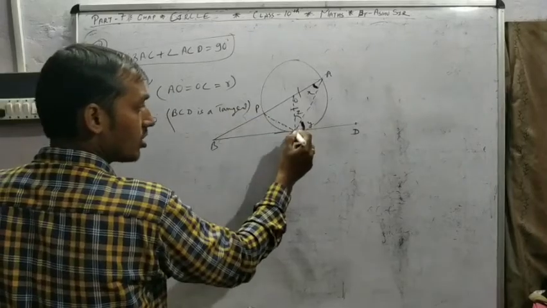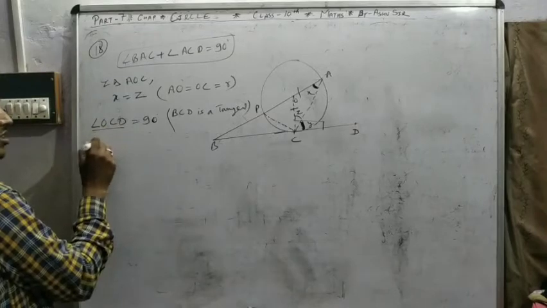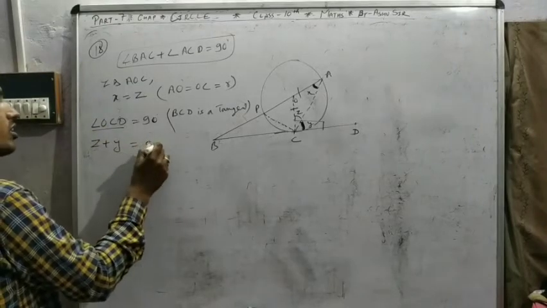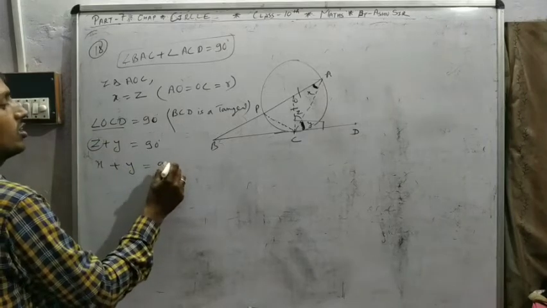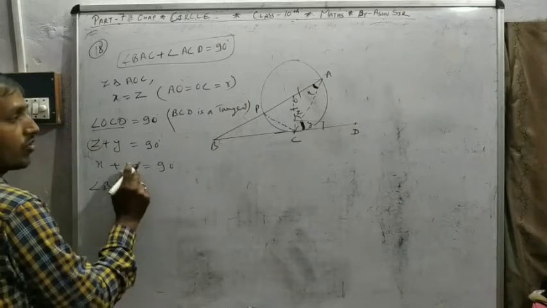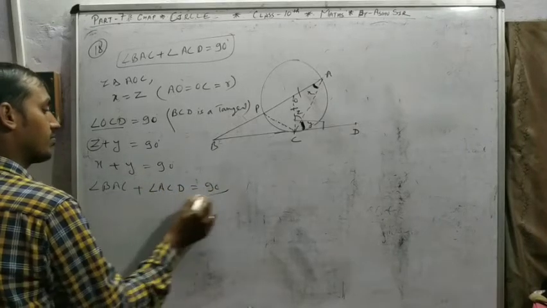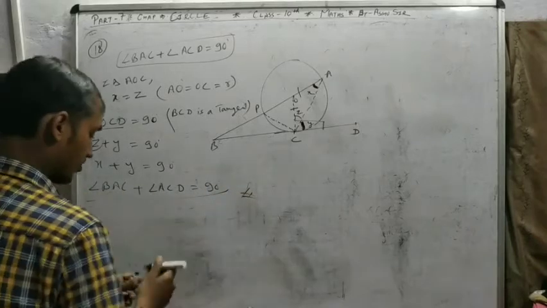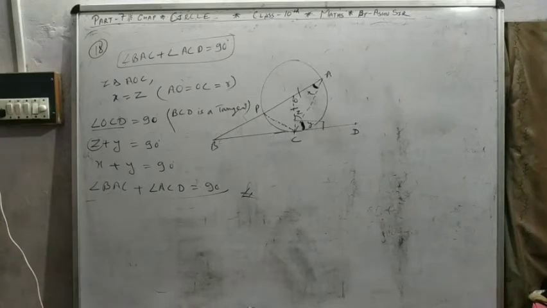This is a radius, so this makes a right angle. And OCD, that means z plus y is equal to 90. Z is equal to x, so x plus y is 90. What is x? That is BAC. What is y? That is angle ACD. Hence proved. Okay, pause and note down.